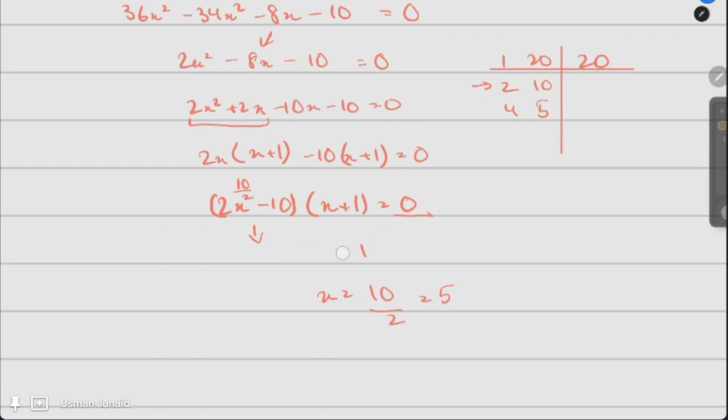So when you have a quadratic equation, you will have two values for x. So here the values for x are 10 over 2, which is 5, or minus 1. Okay.